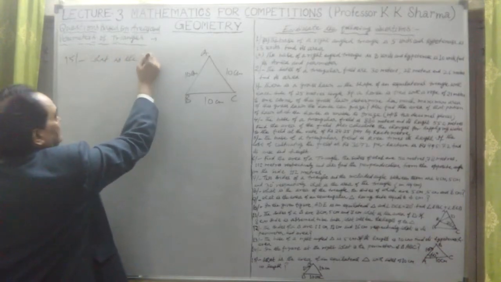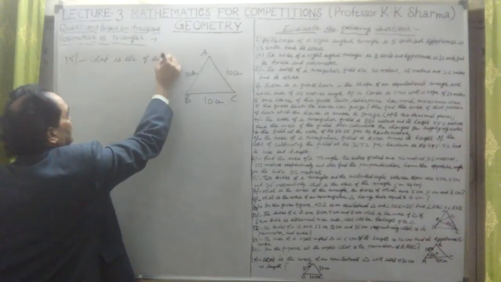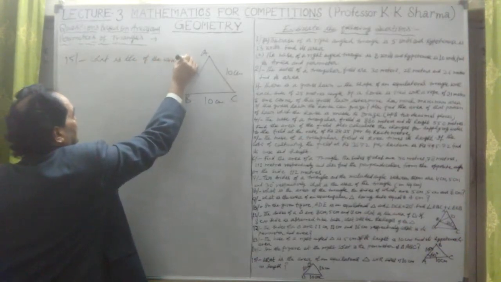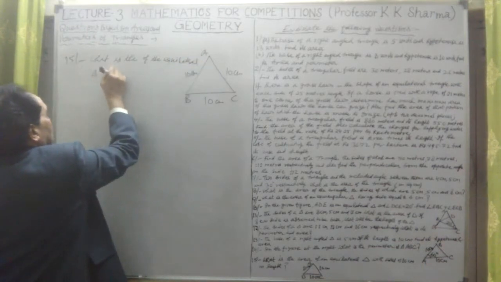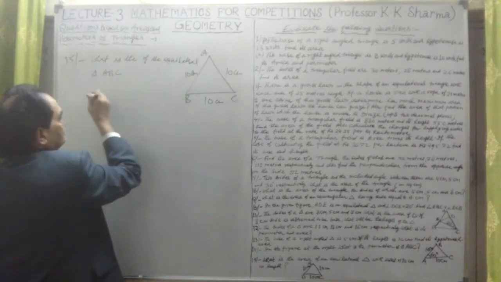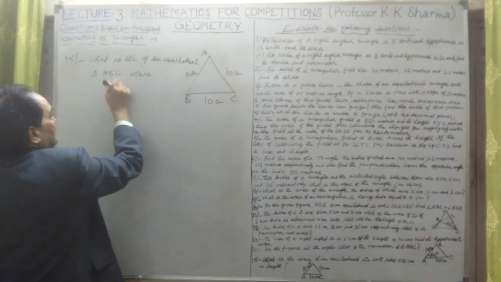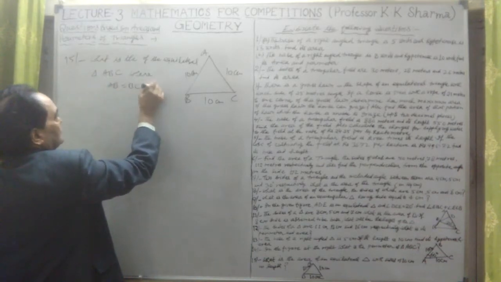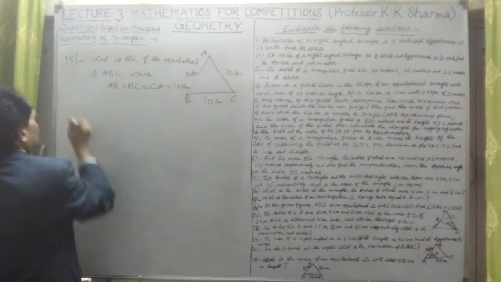What is the area of the equilateral triangle ABC, where AB is equal to BC is equal to CA is equal to 10 centimeter?